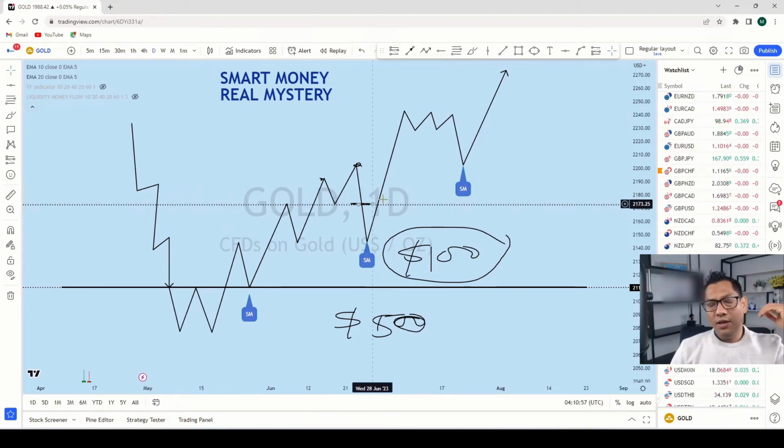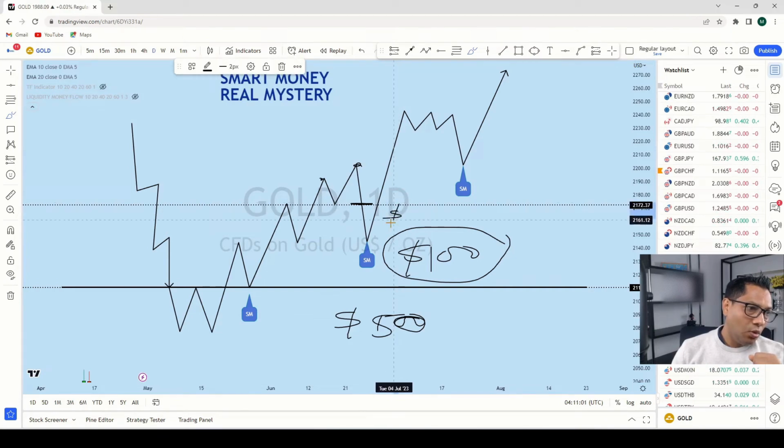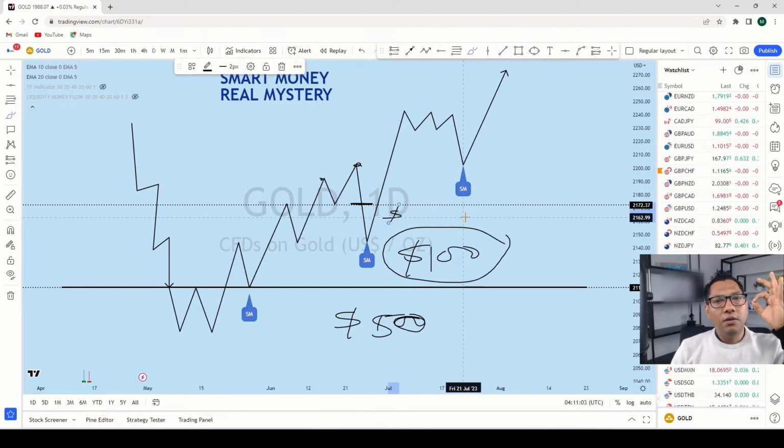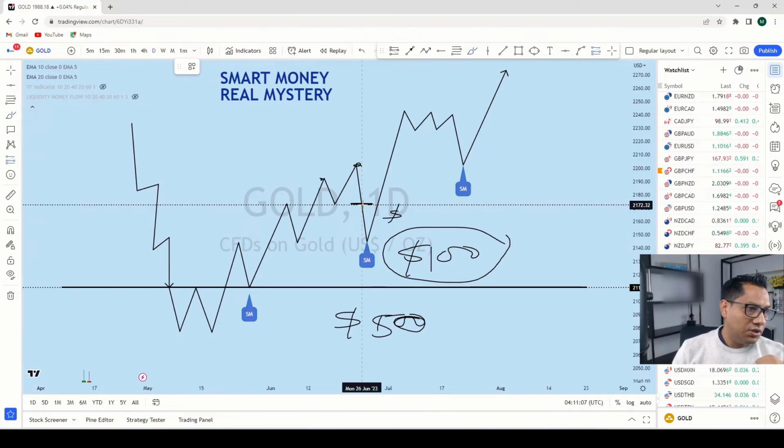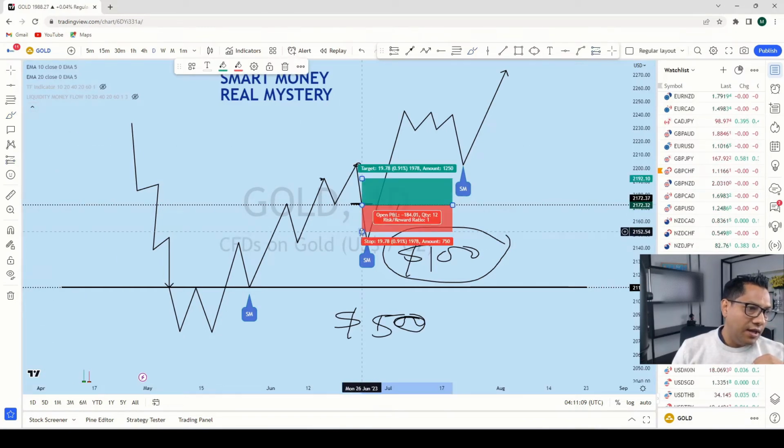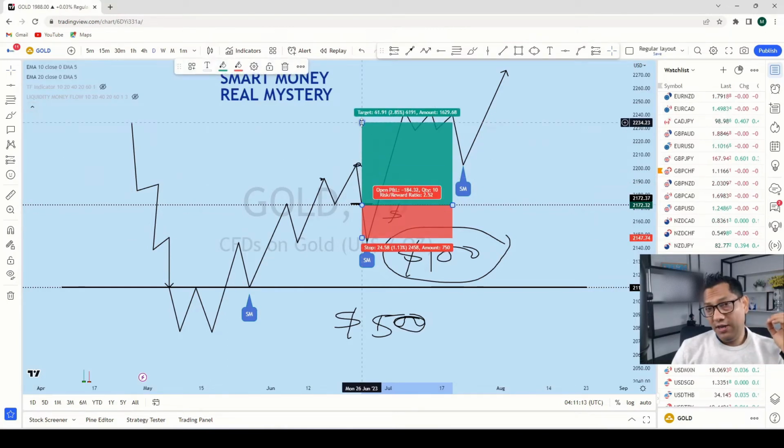Let's say $5 million as an example. Why? Because they know that everyone bought from here, because it's an uptrending market, and their stop loss is here, their take profit is here. Now they know that everyone is a buyer here, but everyone is a seller here.